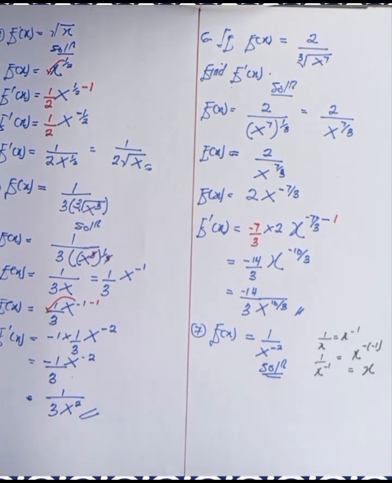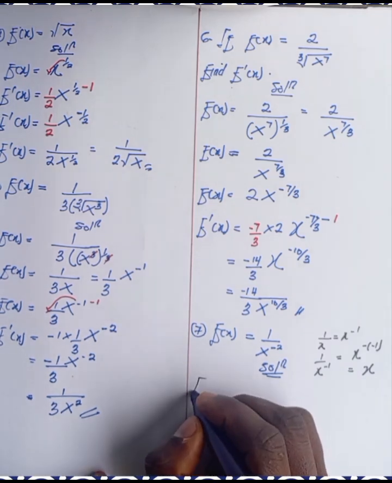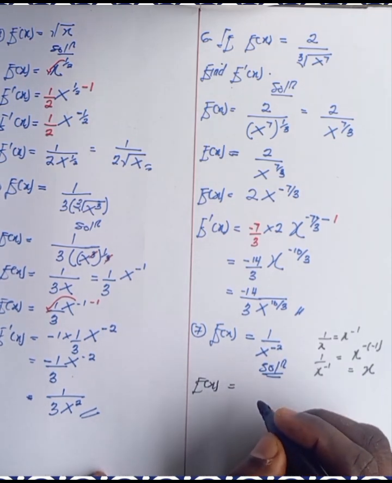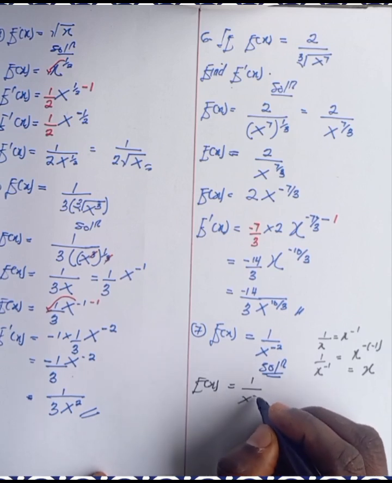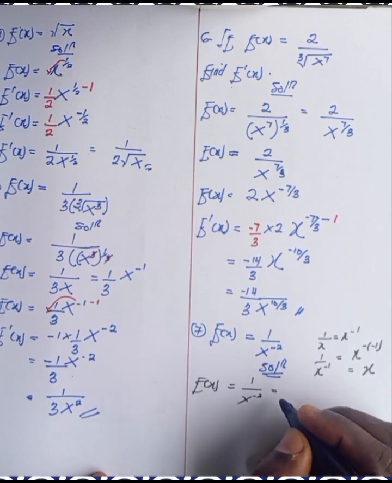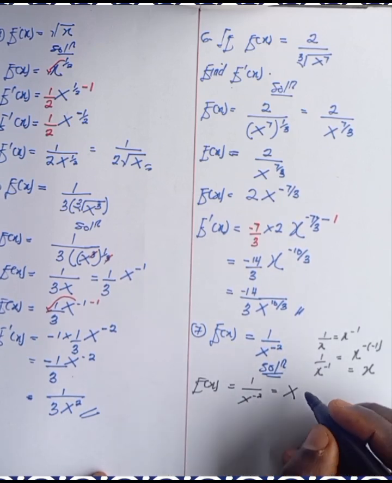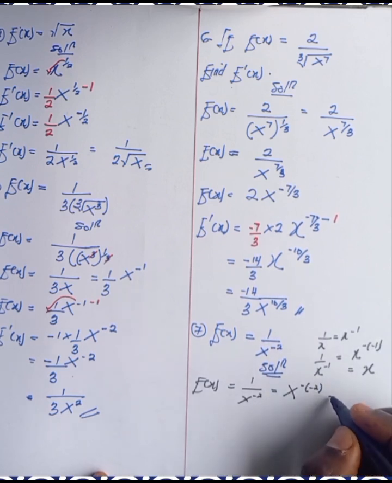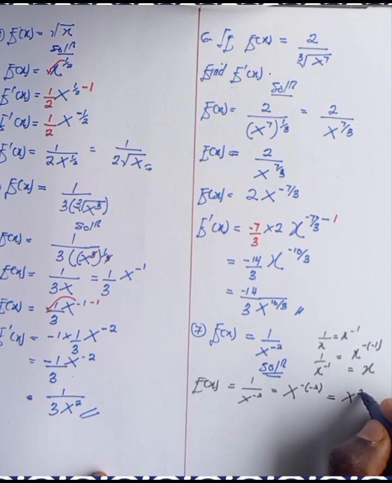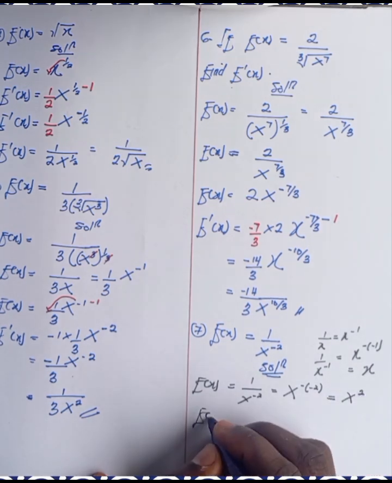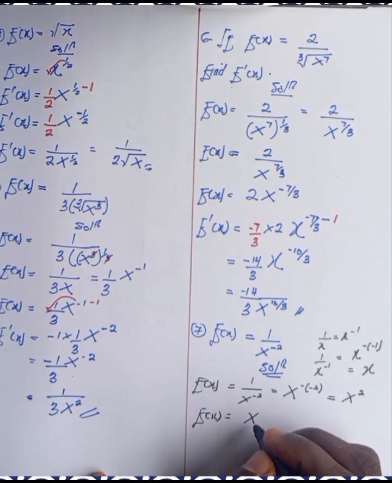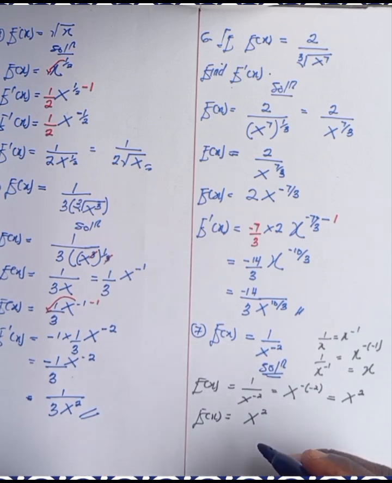So we can apply this concept in solving this question. We can write our function f of x, which is 1 over x exponent negative 2, in the form x exponent negative negative 2, and this is going to give us x exponent 2. Now our function is x exponent 2.